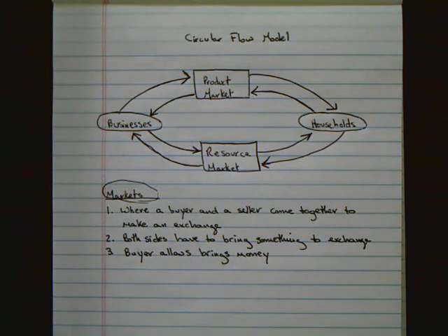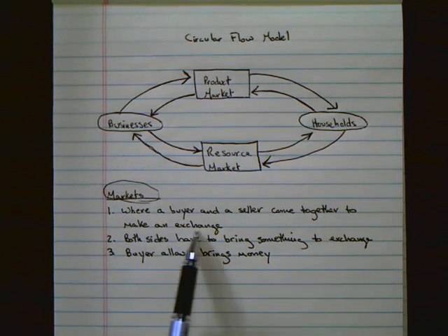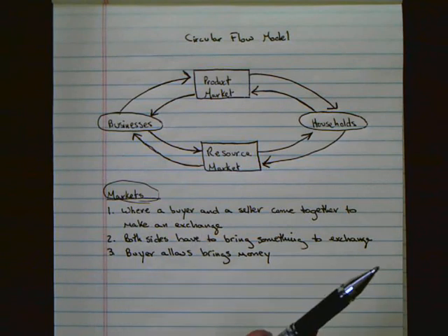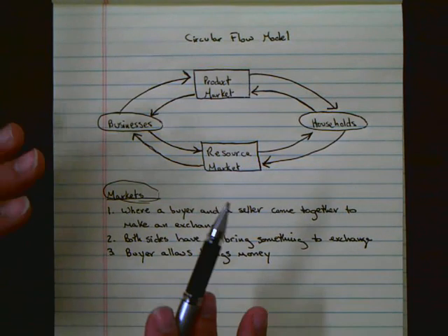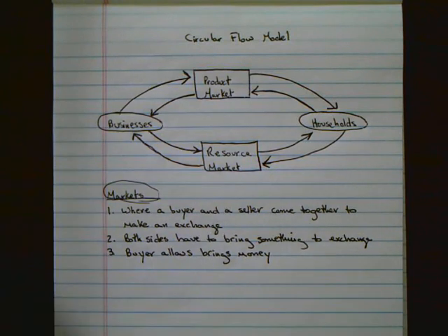Those are good examples of specific markets, but a market really can be anywhere. It could be at a locker in the school. It could be in your backyard. As long as a buyer and seller come together to make an exchange, it's a market. If you have a buyer on one side, a seller on the other, and they're going to make an exchange, that is a market.